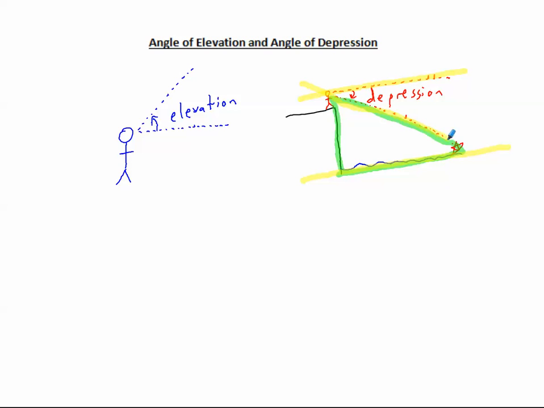This line will be our transversal. So the trick that I like to use is that your angle of depression is actually right here as well, because these are alternate interior angles of these parallel lines. Your angle of depression will be down here by the thing you are looking at if you set your triangle up like this.